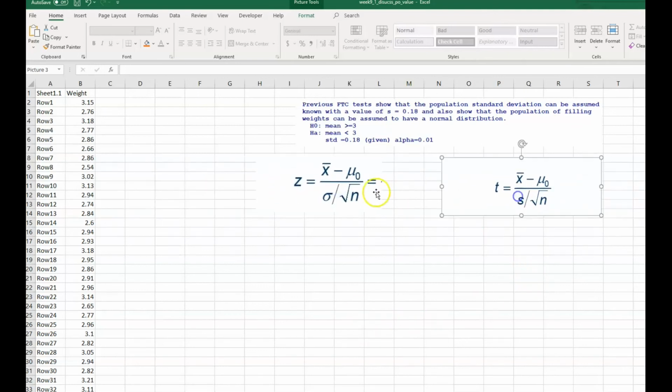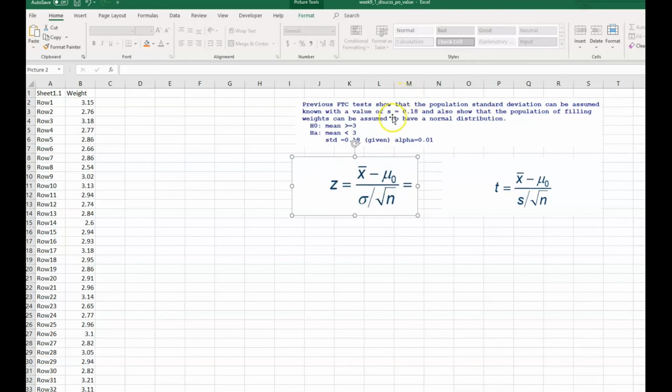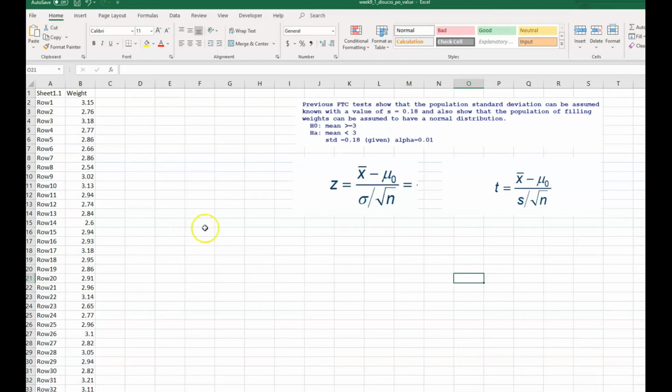For this exercise, it's one-sided. So we are going to test whether your sample mean is greater than or equal to 3, and sigma is given as 0.18, and alpha is 0.01. So the standard deviation is given, 0.18.